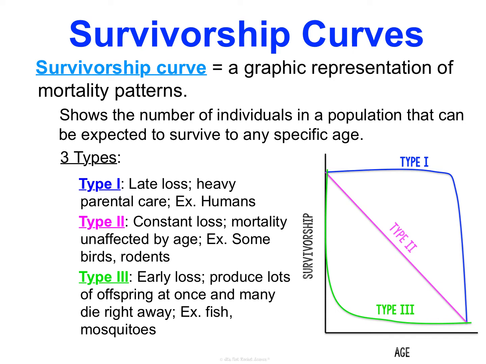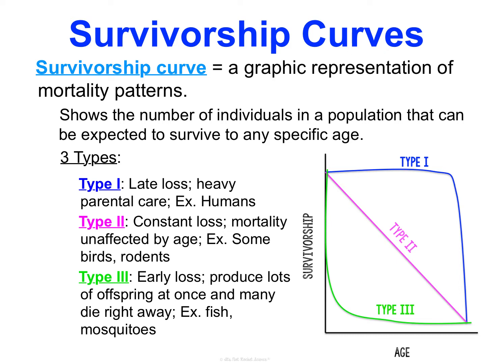There's type 2. Type 2 is a strategy of individuals. A lot of birds use this strategy, where they have a high number of offspring. A bird can have a full nest, but not all of those individuals are going to make it to reproductive years. In fact, they drop off very linearly.